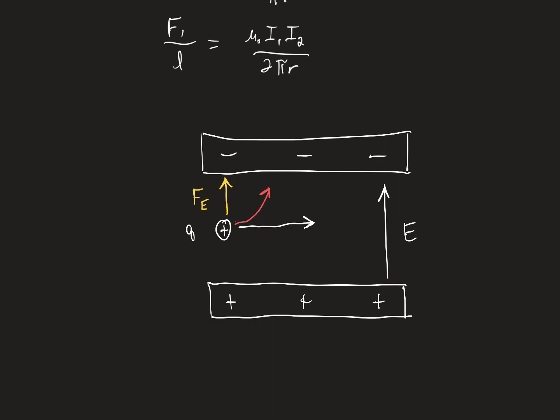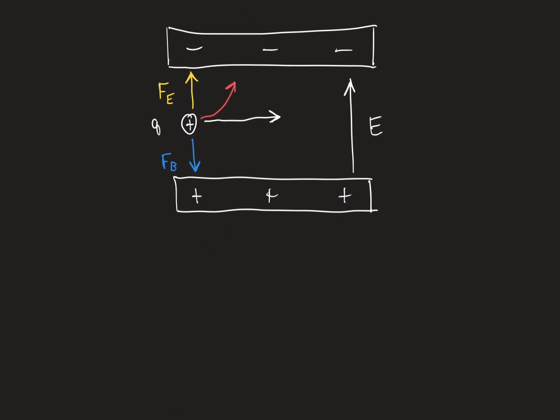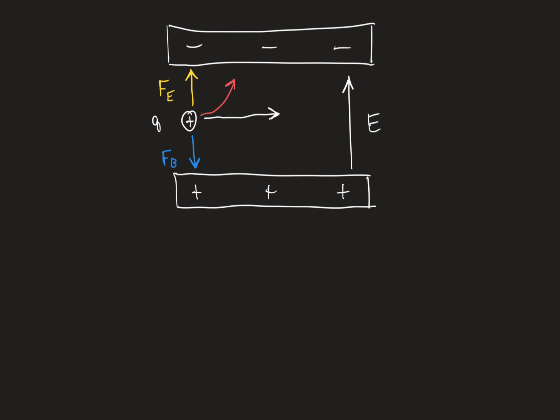Okay. If I want this to travel through completely straight, I can put in a magnetic field here too. So what direction do I want the magnetic force to go? I want a magnetic force to go down. I can calculate how big all these forces are. I know Fe is equal to charge times electric field.